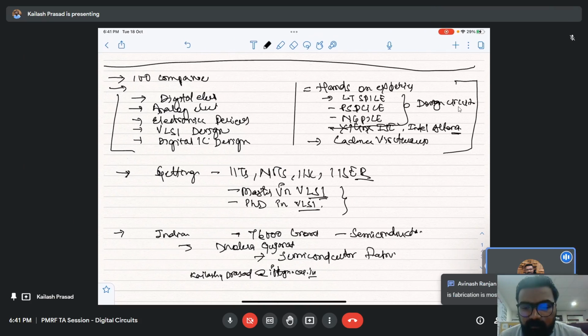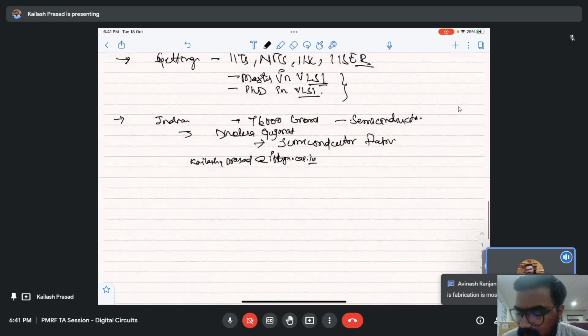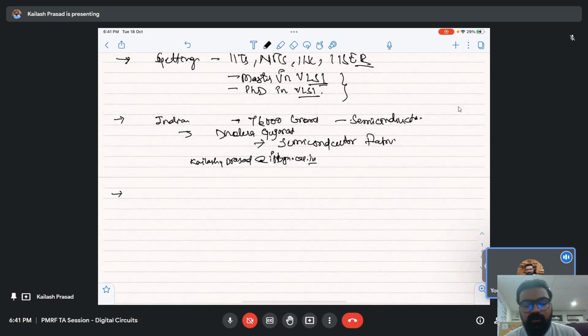Is fabrication more important in this field, Avinash? No, it is not like that, that something is important or not. There are various steps in which things work, right? So first you design a thing, right? That is the job of a design engineer.